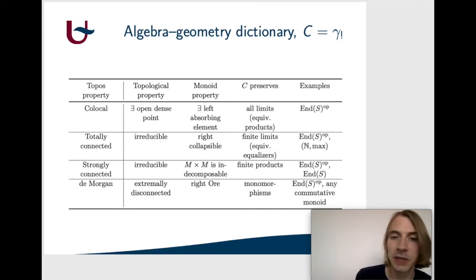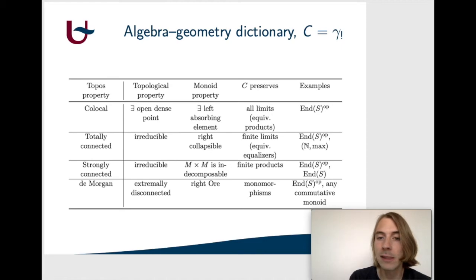And to get some geometric intuition, for sober topological spaces, the topos of sheaves on it is co-local if the space has an open dense point. And what we found is that for monoids, the category of presheaves on the monoid is co-local if and only if the monoid has a left absorbing element.